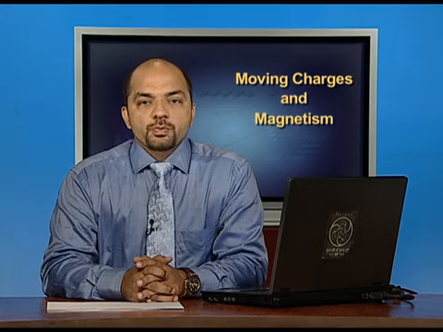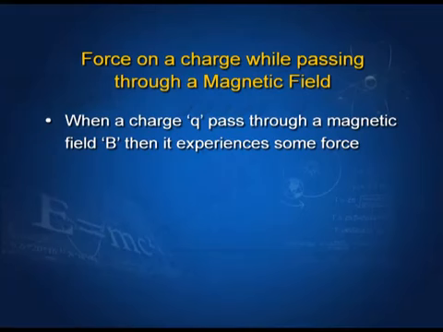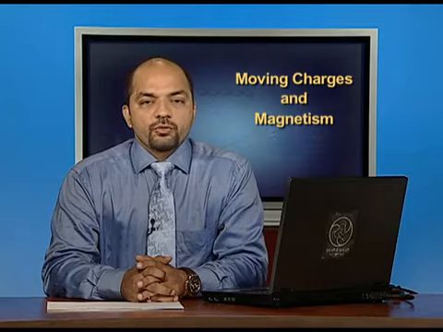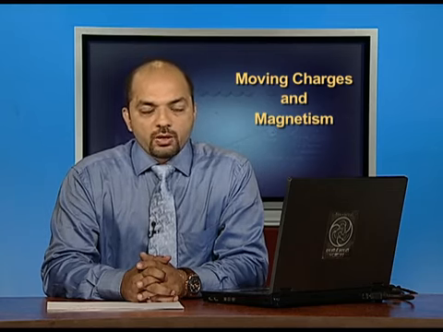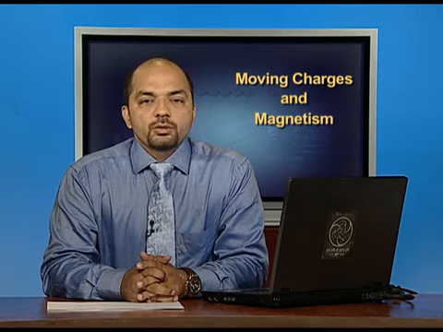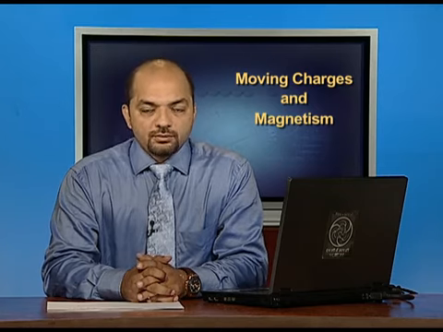Force on a charged particle while passing through a magnetic field. When a charged particle Q passes through a magnetic field B, then it experiences some force. The formula of the force F is obtained using the following parameters. The force is directly proportional to the charge, directly proportional to the velocity, and directly proportional to the magnetic field with the angle sin theta.